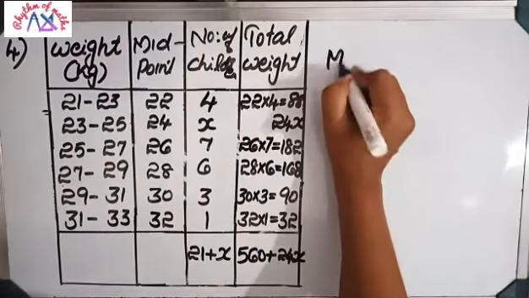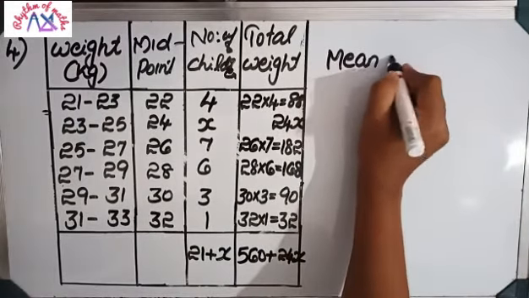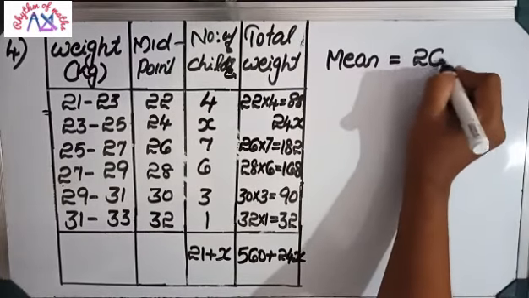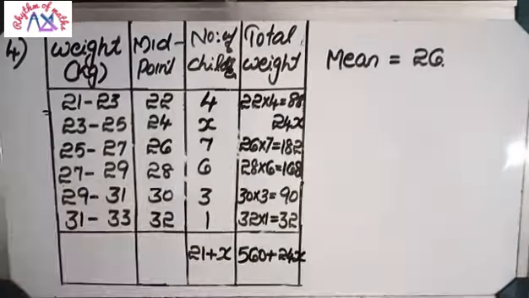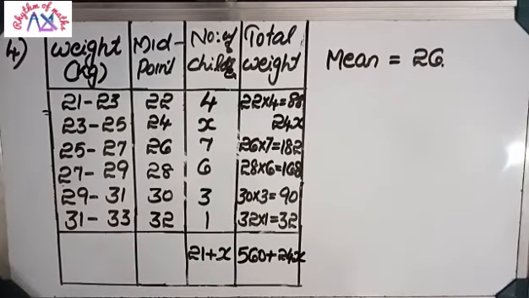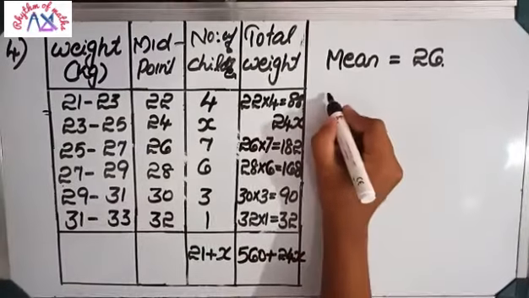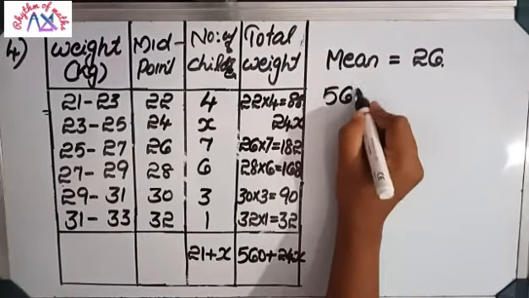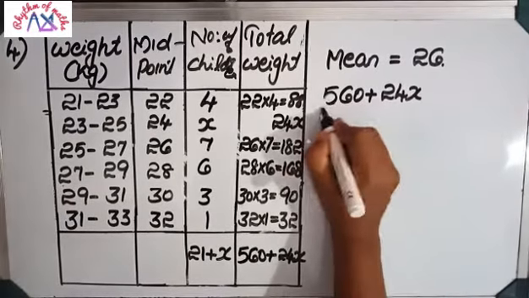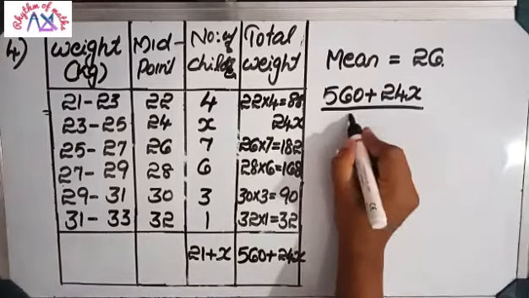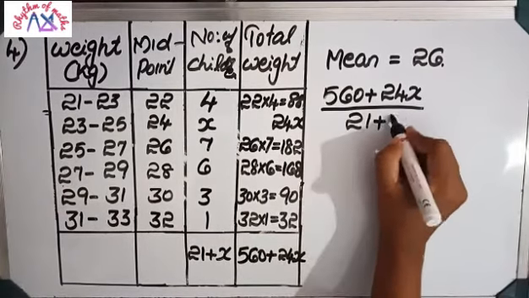Now mean is already given as 26. Now what is the equation to find mean? Sum by total number. That means the sum here is 560 plus 24x. So let's write, instead of mean, 560 plus 24x divided by the total number, 21 plus x.